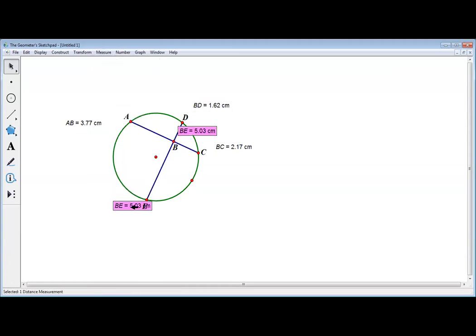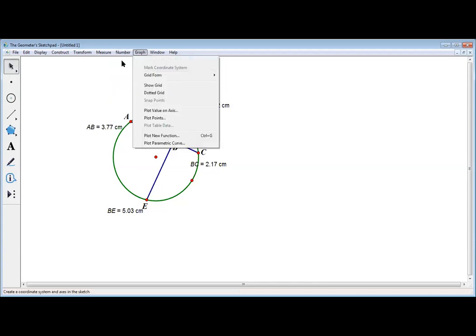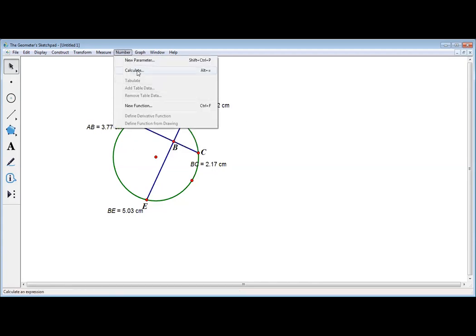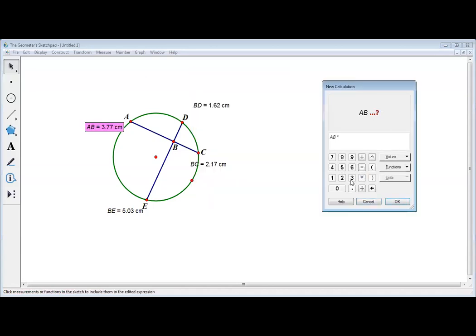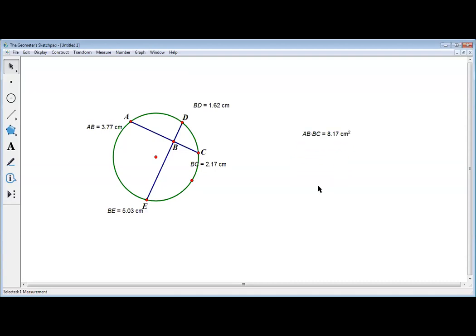Like I said, it's kind of hard to see the relationship, so if you don't see it, that is fine. But maybe some of you played around with this enough. If I multiply, let me calculate, AB times BC, the two segments of that chord, I get 8.17.